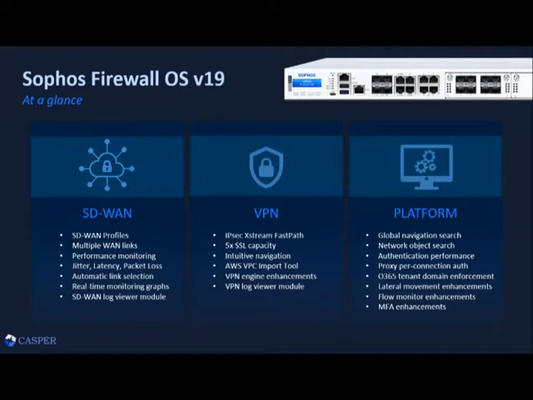Sophos firewalls that have been upgraded to version 19 now support native integration with AWS environments. So if you needed to do a site-to-site VPN connection from your on-prem location to your AWS environment, it's now very seamless to pull that off.